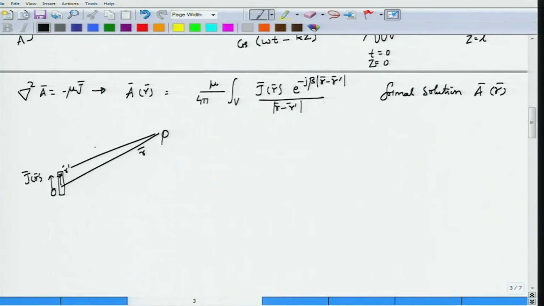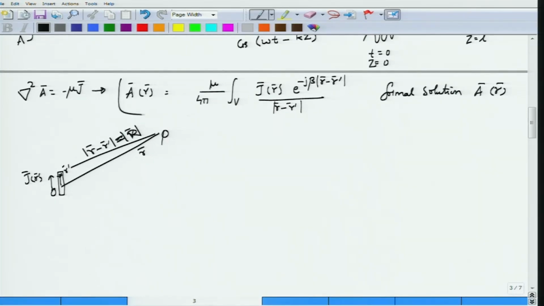So |r minus r prime| will give you the distance between the source and the observation point, and this would be approximately equal to r when the length of the antenna or the wire is very small compared to the distances that you are considering. Otherwise you can simply call this equal to r, and this r magnitude would be the one that would determine the time delay between something happening at the source and what you are going to observe.